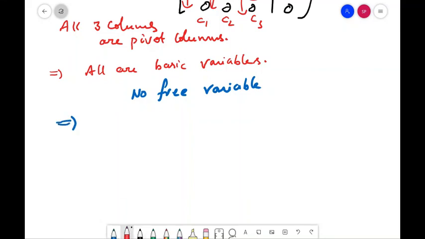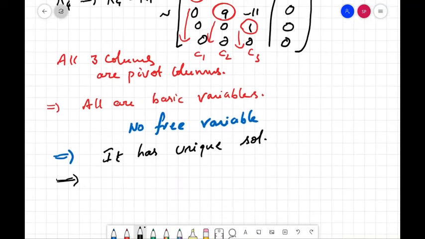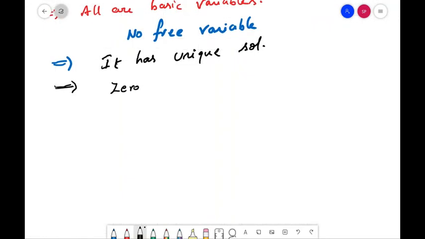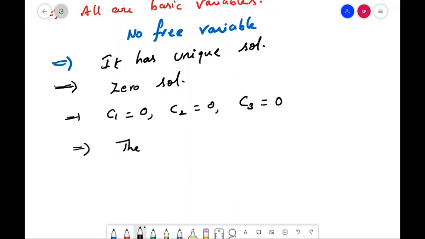It implies it has a unique solution. What is the unique solution for the homogeneous system? For the homogeneous system, the unique solution is the zero solution. That is C1 = 0, C2 = 0 and C3 = 0, which implies the given vectors are linearly independent.